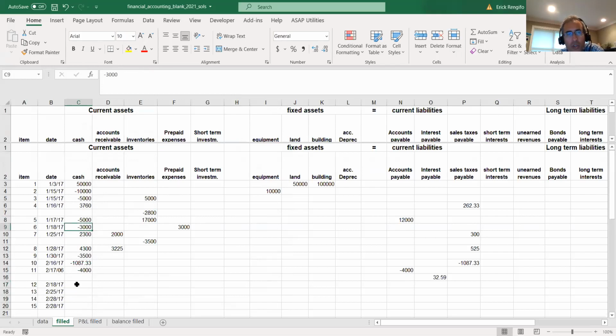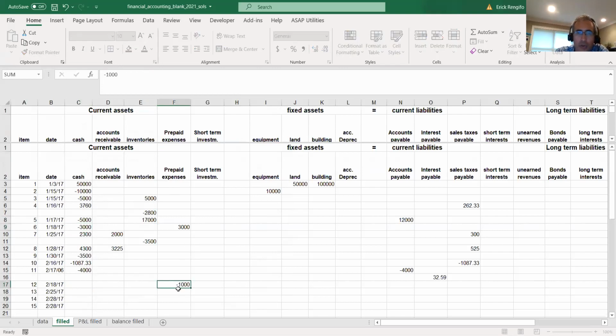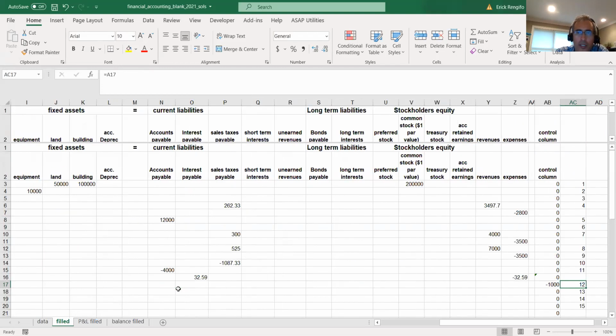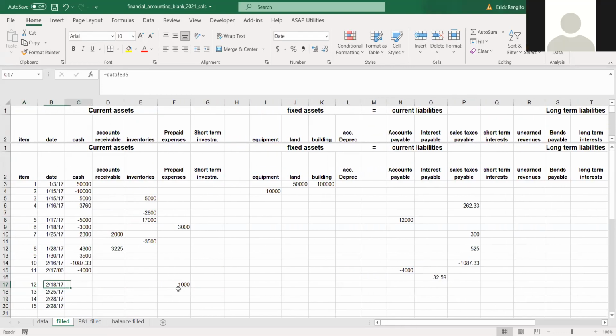So now it's not going to be a cash transaction. It's simply going to decrease these prepaid expenses by 1,000. And this is now considered what? An expense, do you agree? Okay, so this is a very interesting transaction, guys. The cash was already done in the past.